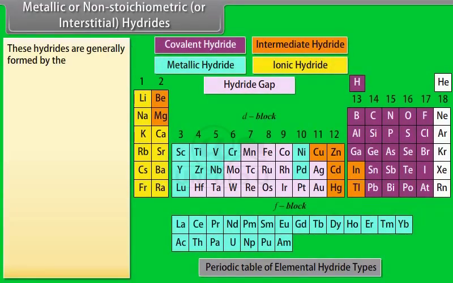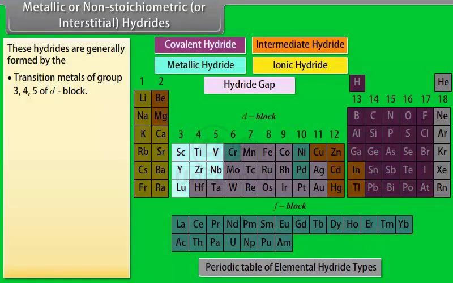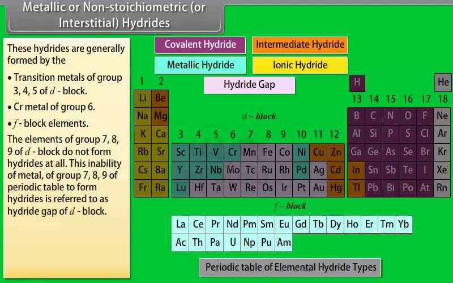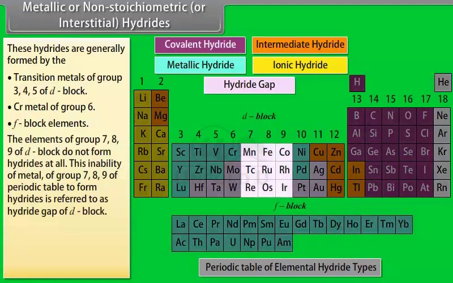Metallic or non-stoichiometric or interstitial hydrides. These hydrides are generally formed by the transition metals of group 3, 4, 5 of d-block, Cr metal of group 6, f-block elements. The elements of group 7, 8, 9 of d-block do not form hydrides at all.